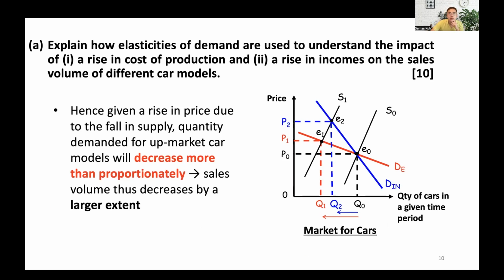So we are going to remove the portions in blue. And as you can see, the quantity demanded falls by more than proportionately, okay, Q0 dropping to Q1, more than proportionately to the rise in price, which is represented by P0 rising to P1.